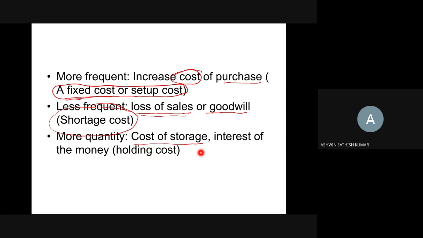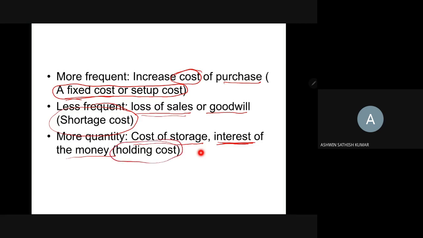You have invested a big amount, so there is a loss of interest on the money you have invested. That type of cost we term as the holding cost.